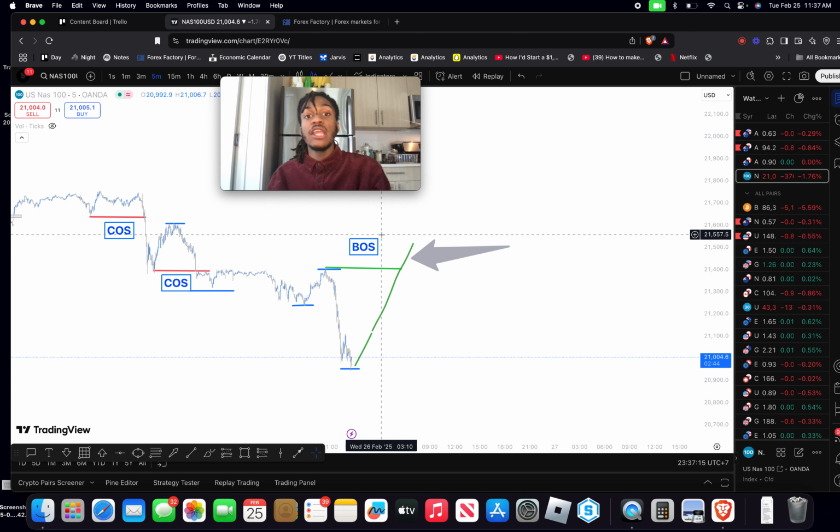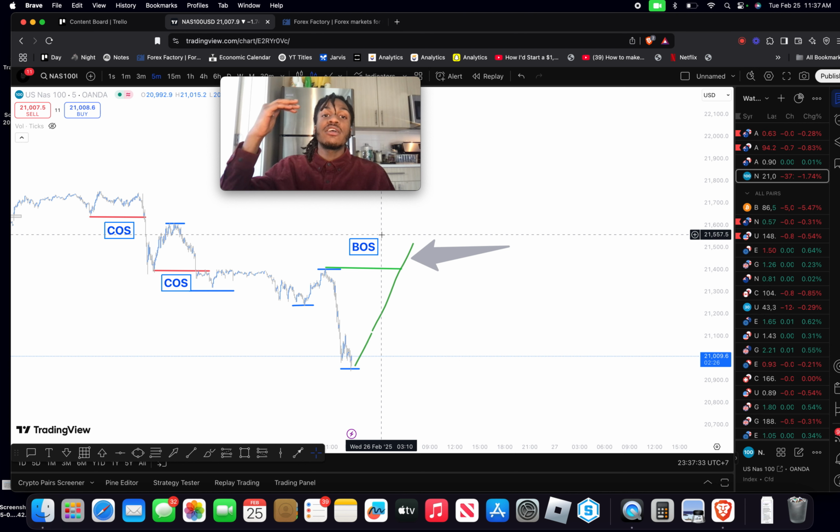And so if I have bullish price action on the 1 hour, but then on the 5 minute we see all these red COSs, continuation of structure that's bearish, then I actually need to see a BOS. That's usually my major confirmation I get into most of my trades.